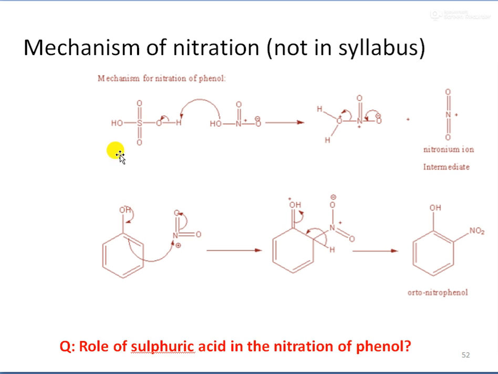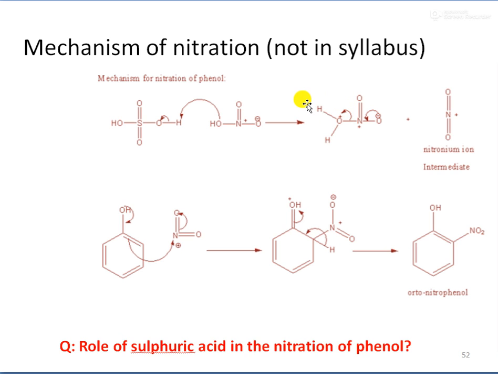And why are we using sulfuric acid for the nitration of phenol? This is because the H+ ions of the sulfuric acid can protonate the nitric acid. So this is the resultant structure. This oxygen of the nitric acid will be attached with the H+ ion, and as a result, this part is a water molecule.